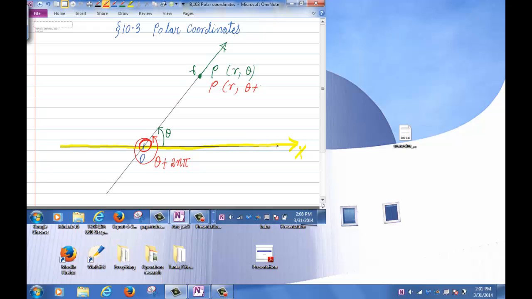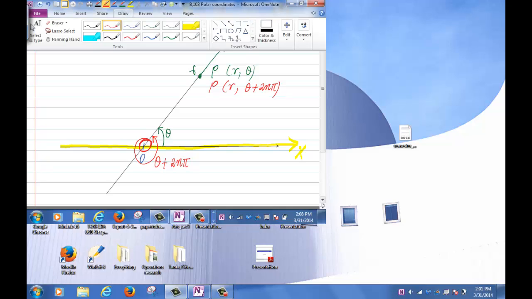What would be another way? Another way is that I could also rotate like this. Here's another way I can rotate, right?